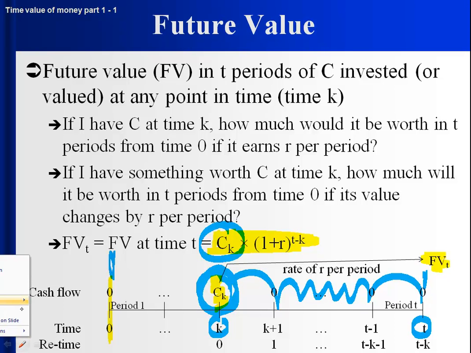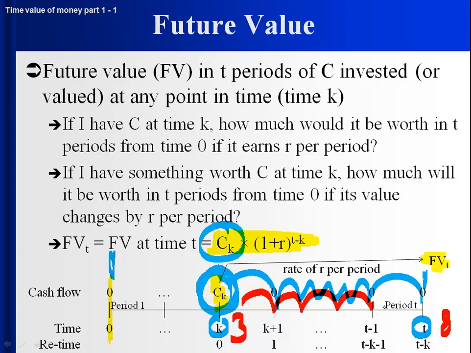So, for example, suppose this was period 3 and we want to know how much we would have at period 8. Well, it would grow from 3 to 4 to 5 to 6 to 7 to 8. It would grow 1, 2, 3, 4, 5 periods. 8 minus 3 is 5. That's all we're saying.